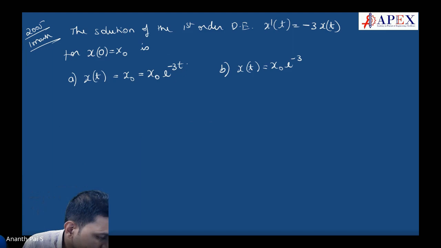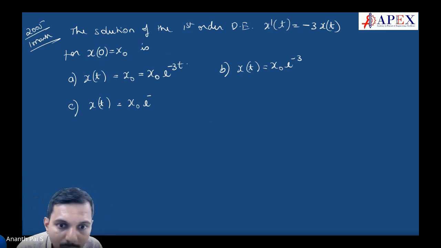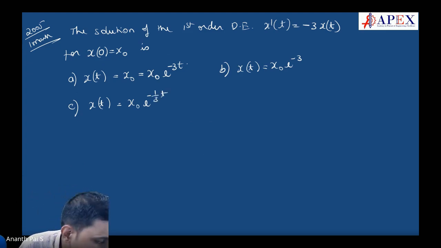And then C would be x of t is equal to x naught into e power minus 1 by 3t.